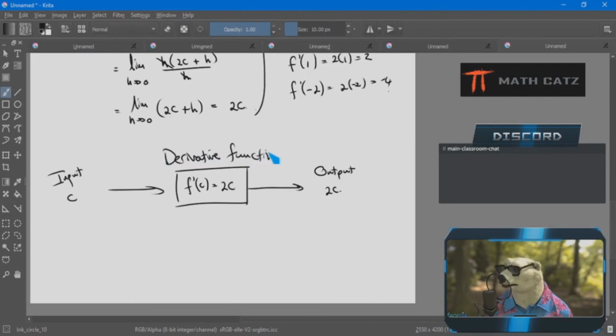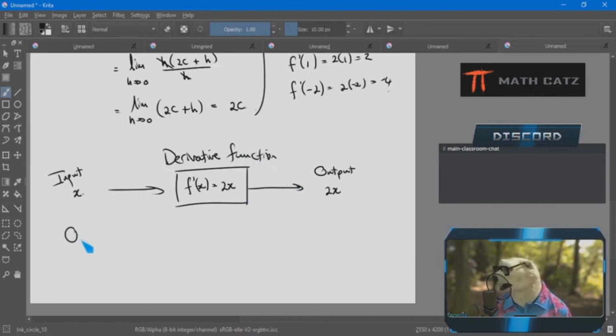It still works with an input-output system. It's a function. The c doesn't actually matter. I can use x again. Wherever there's a c, I'll put an x. It's an x value. Why not write x? If my input is x, then I multiply 2 times that x value, and I'm going to get my output, which is the derivative of the function.